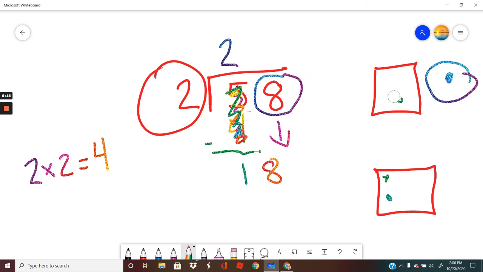So now the question is, if you have 2 boxes, because that's what we're working with, right? 2 boxes. And you need to figure out how many are in each box if you have 18.